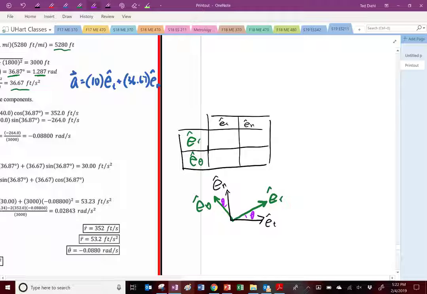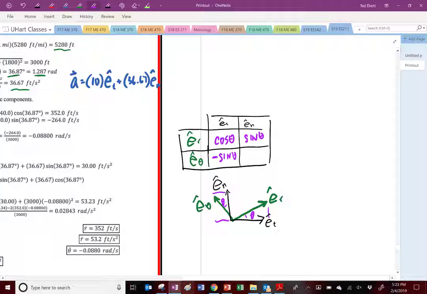We go, E_r can be broken down into the cosine of theta in the E_T, and it's going to be the sine of theta, because it's right here, that part of it, in E_N. And project E_theta onto E_r. It's going to be negative, right, because it's going that direction right there, and sine of theta, because it's right opposite from the angle.